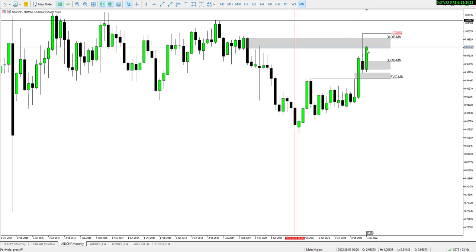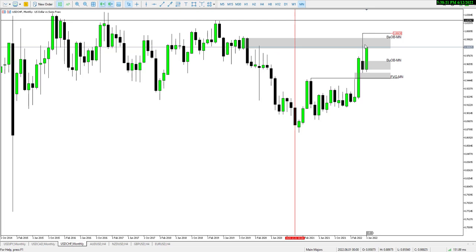But for now, we should anticipate price to target 1.0063. From which levels now? From discount areas. Already price has found support inside the down candle of May, right? Price has found support. We've created a new high, so expect market to create another high with a strong dollar being forecast.